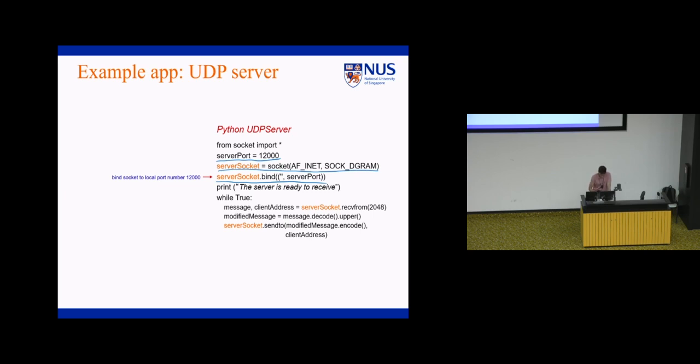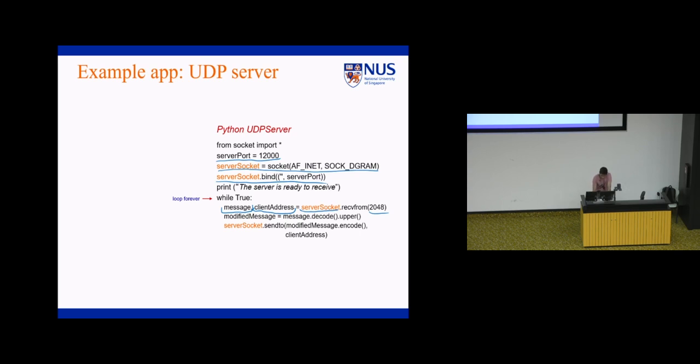And then we are printing a line, server is ready to receive, and then we have an infinite loop here, an infinite loop for listening to that socket. So whatever the server receives from the server socket, with some buffer size, it will assign to the message, and it will also record the client address.